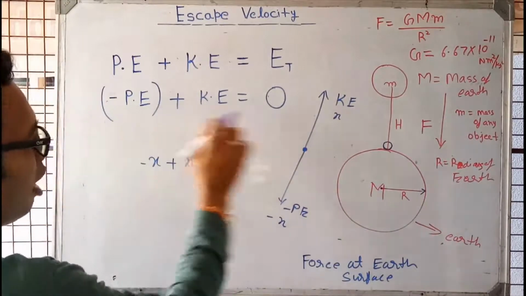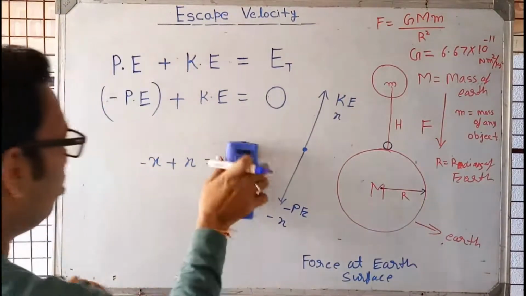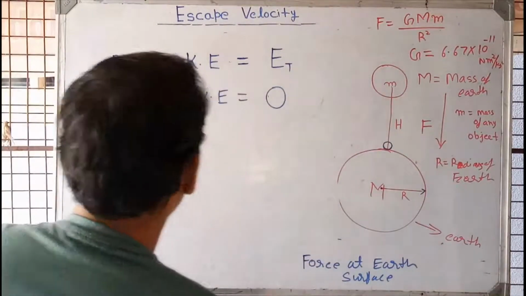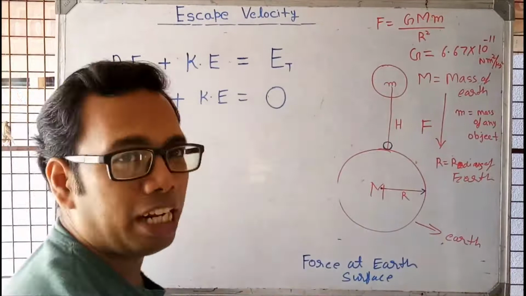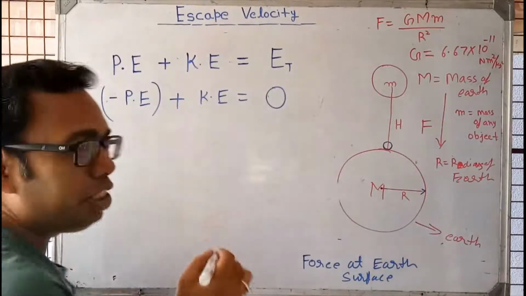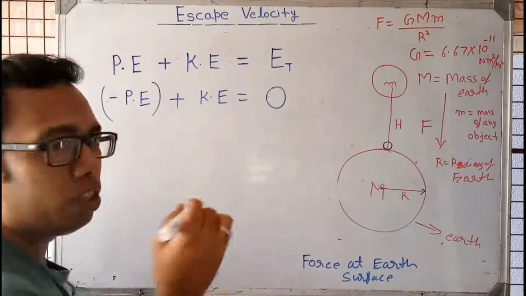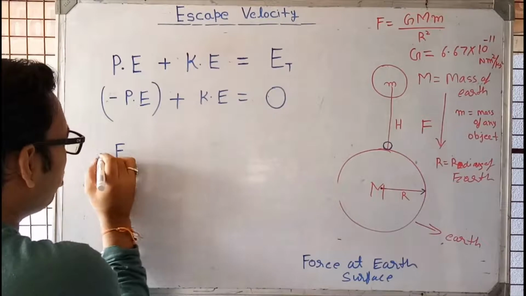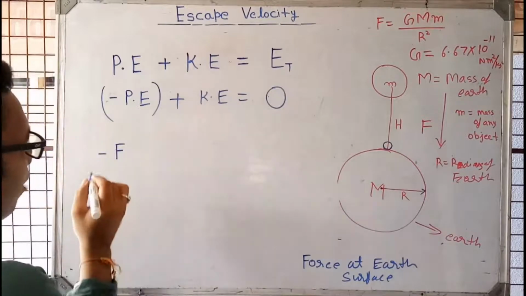Okay, so same we are writing here. Now we will put the potential energy. What is the potential energy? Potential energy is force into distance. What is the force? Force minus, that is opposite, we'll put the minus sign.